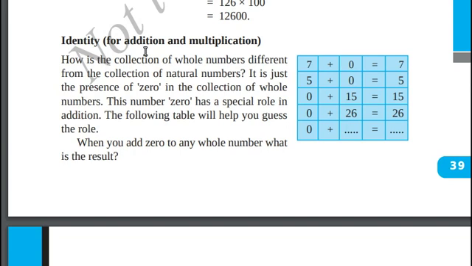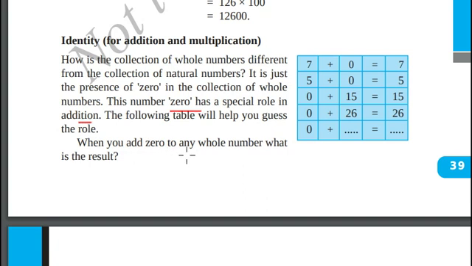Identity for addition and multiplication. Observe this table. 7 plus 0 is equal to 7. 5 plus 0 is equal to 5. 0 plus 26 is equal to the same number, that is 26. 0 has a special role in addition.